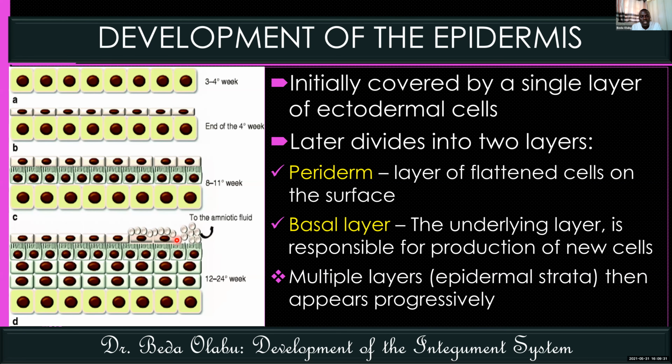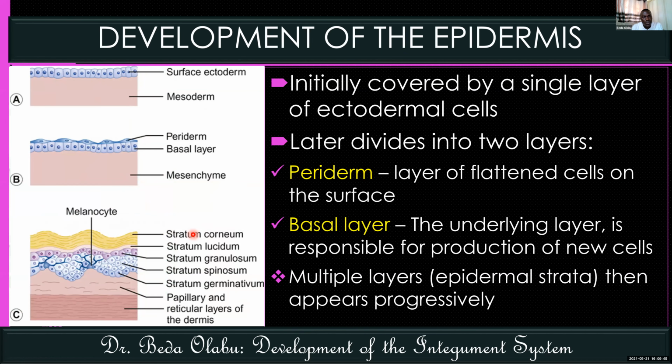It will even reach a point where you have the keratin layer. And usually the cells of the epidermis continue to desquamate into the amniotic fluid. So that is the story of the epidermis. The many layers come later on.